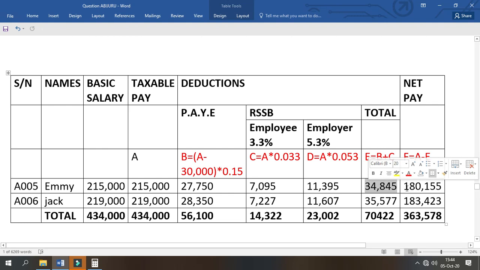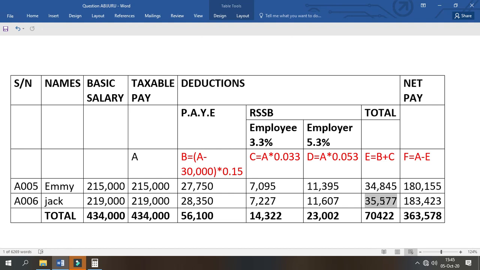This is the net pay for the ME, and the net pay for the JEC, which is 183,423, is obtained also by taking the taxable pay, which is 219,000, minus this total deduction, which is 35,575.